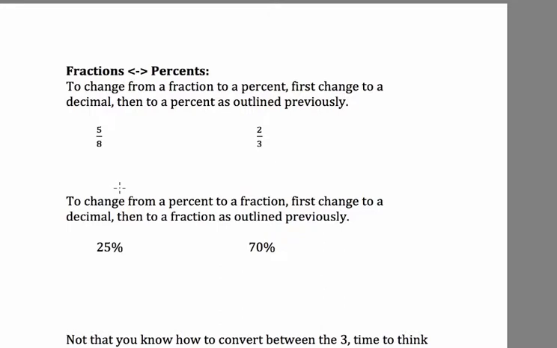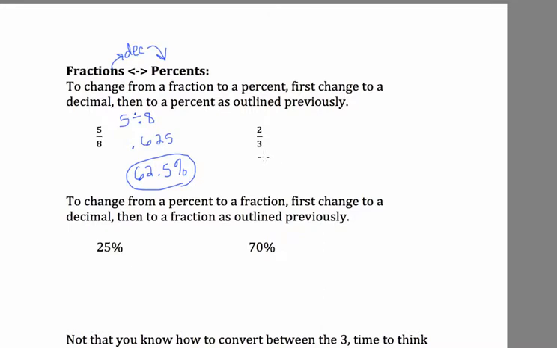So 5/8. To change that into a percent, first go to a decimal. So do 5 divided by 8. So now we've changed that fraction into a decimal. Now go from the decimal to the percent. So move your decimal place 2 spots to the right. So that's 62.5%.